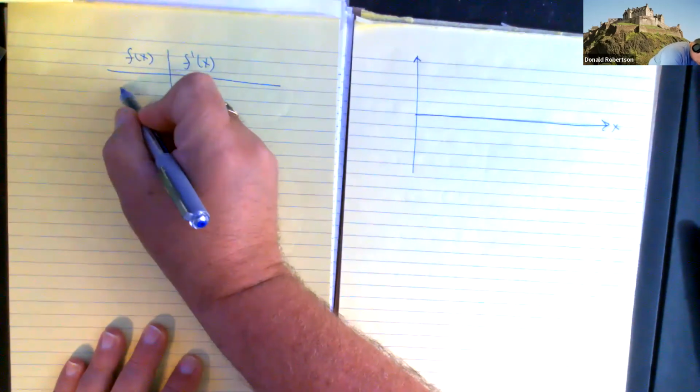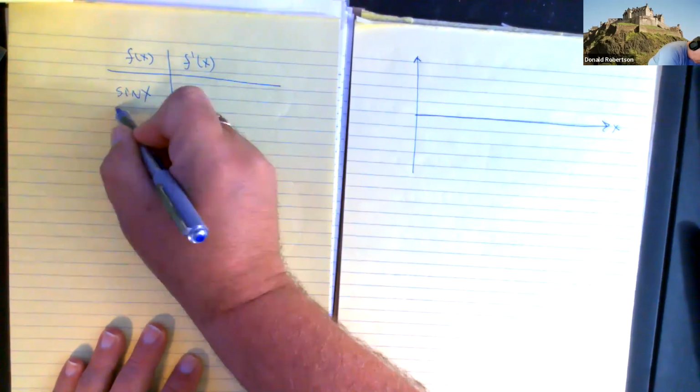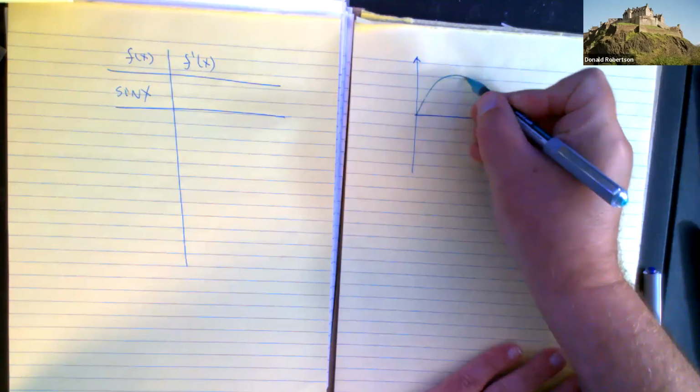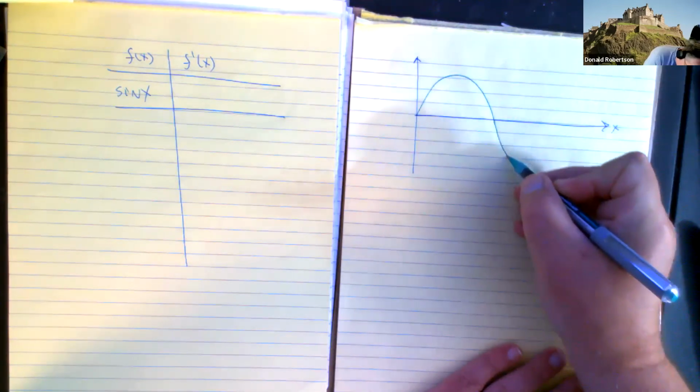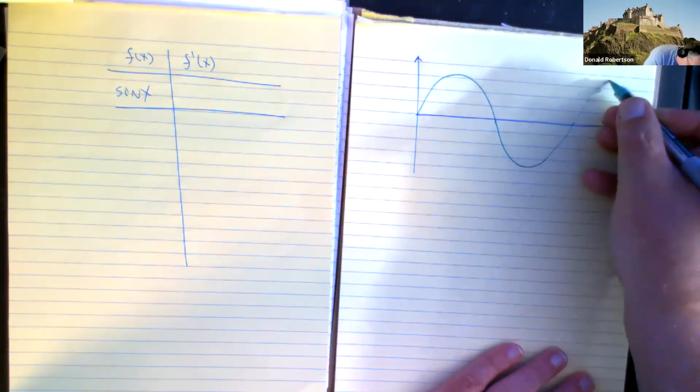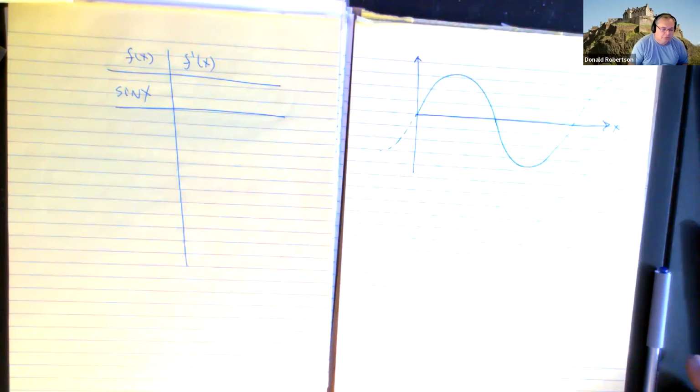So the guy I'm going to start with is the sine of x. And this, as I said, is a pseudo proof. If I draw a bad version of the sine function, would you agree it looks something like that? Great. That's what a sine function looks like.